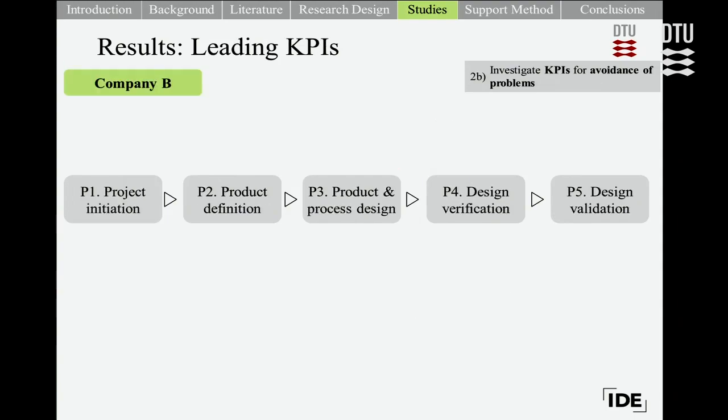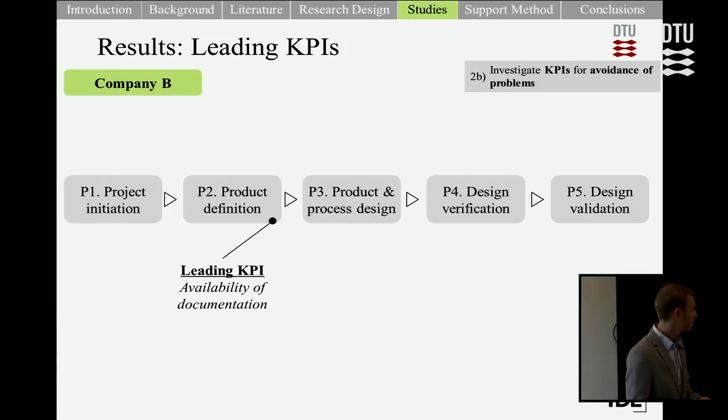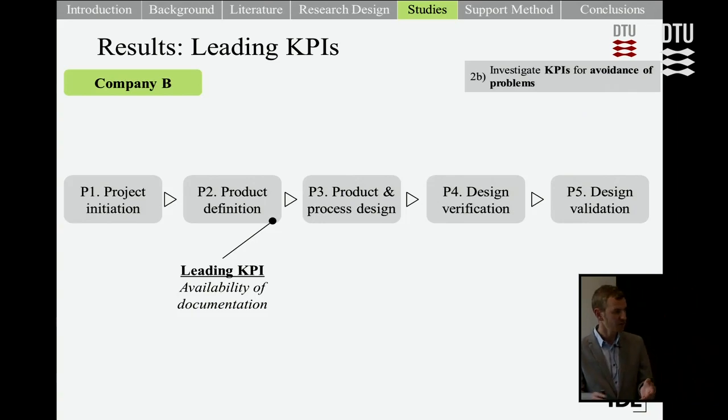At Company B, however, what we saw is that this is again the product development process, and it's a similar stage gate process, and they identified an issue in the project as being poor documentation and the accessibility of documentation. So what they did is they developed a KPI to monitor the availability of documentation throughout the project.